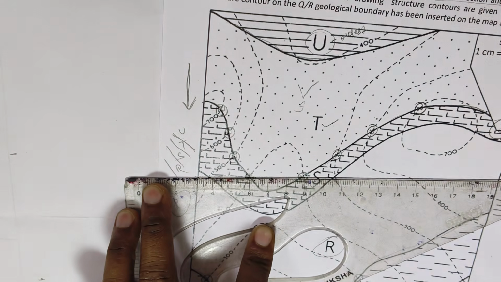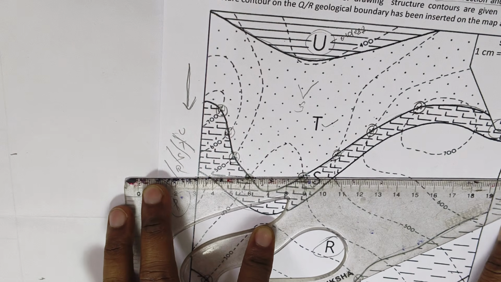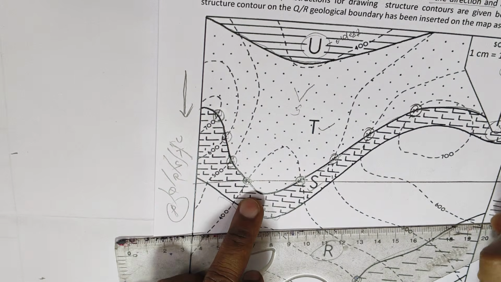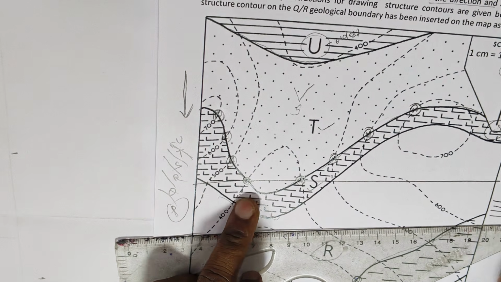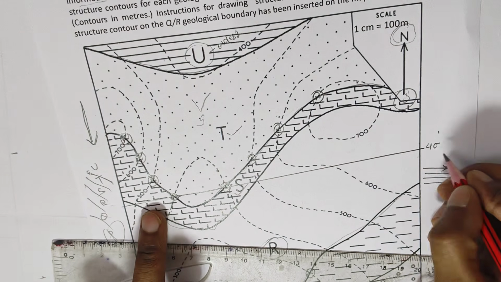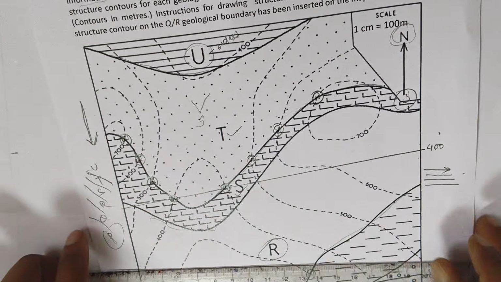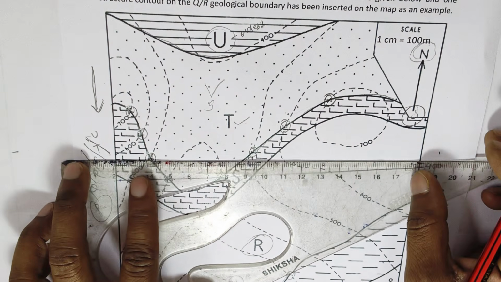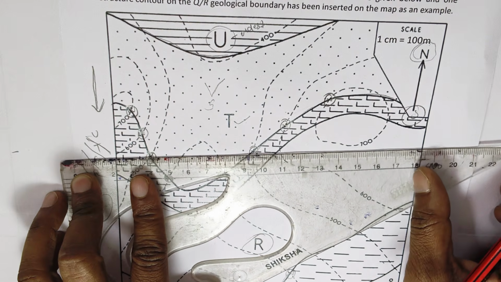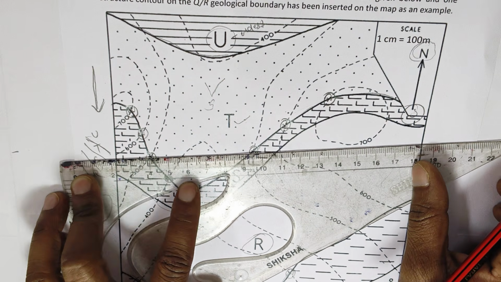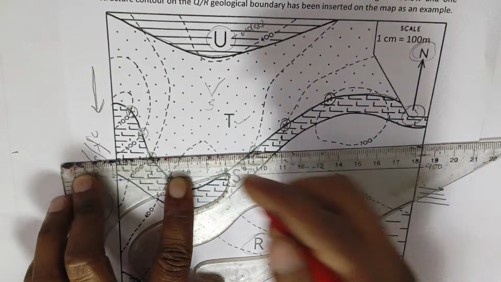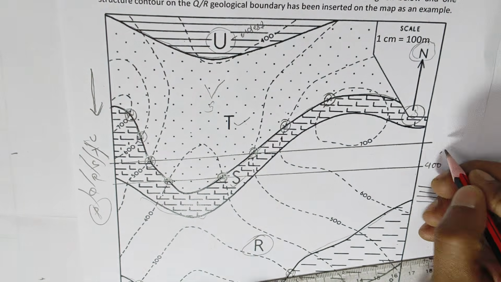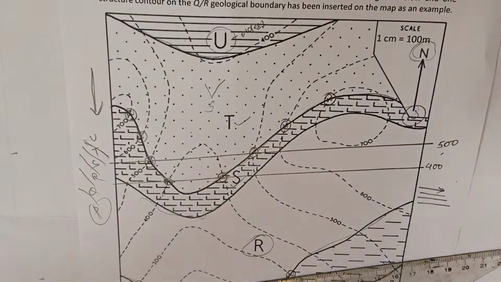So this is our structure contour for the bedding plane TS, and this is for the 400 contour. Another for the 500 contour, drawn the same way.